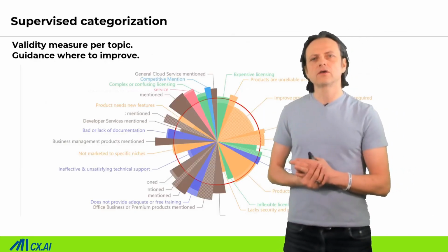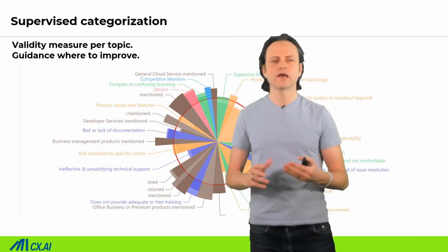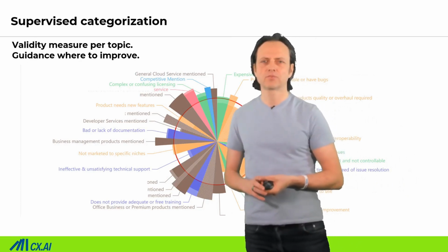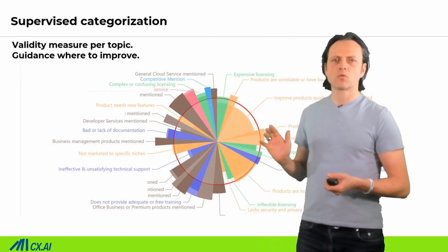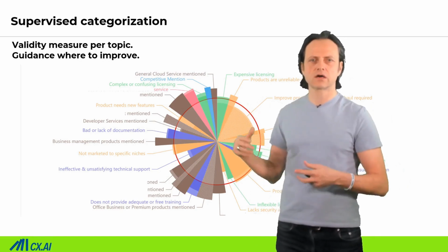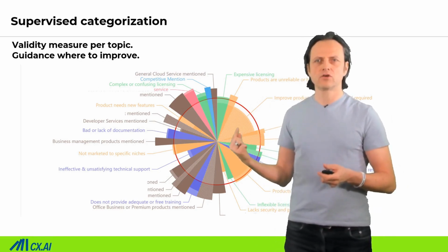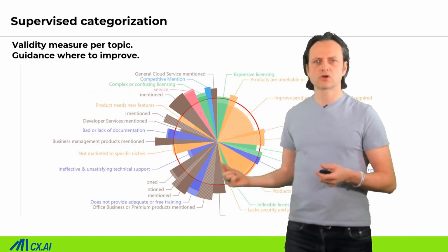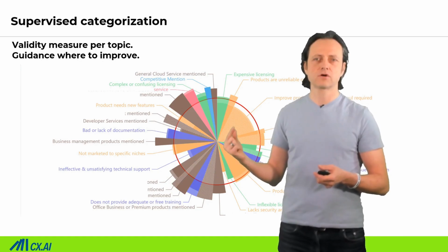Also, the system can help you to really understand where you need to become better, because these are example codes where basically the thick slices are often mentioned like this. But if it's below the circle, the validity is not so good. So this is very important to work on.